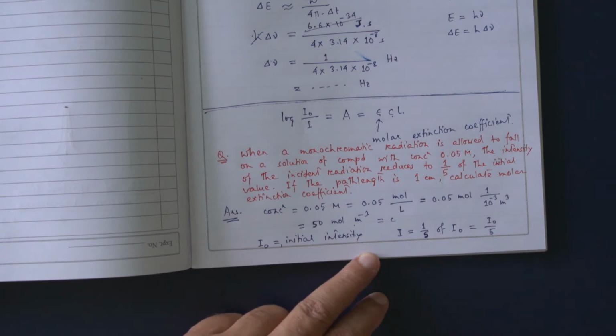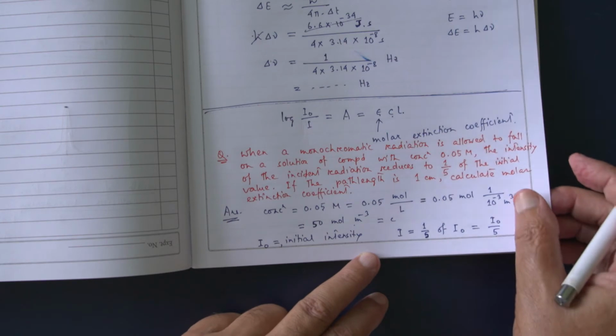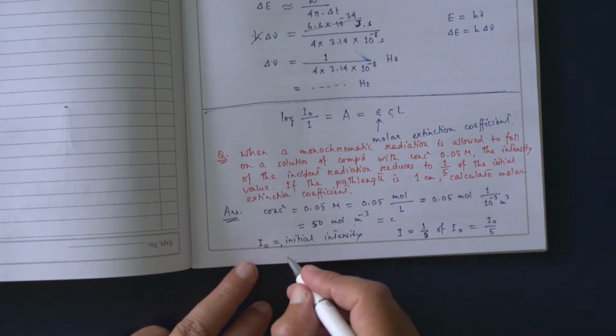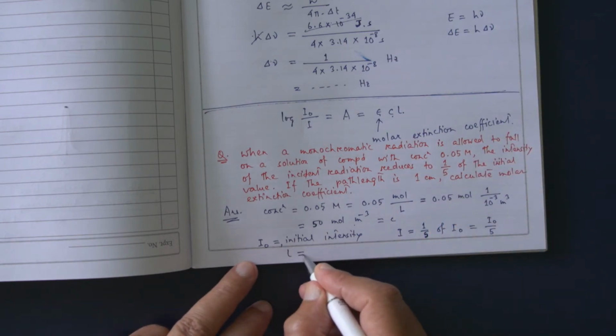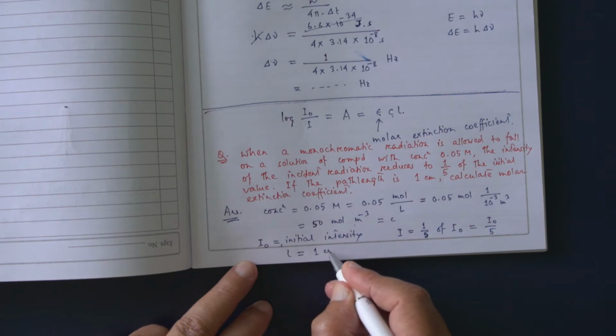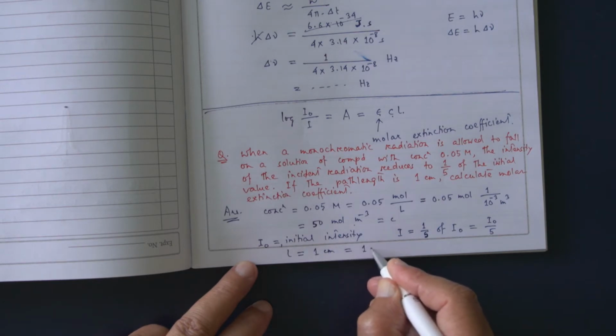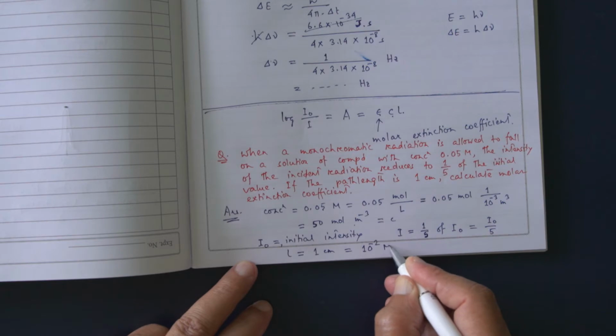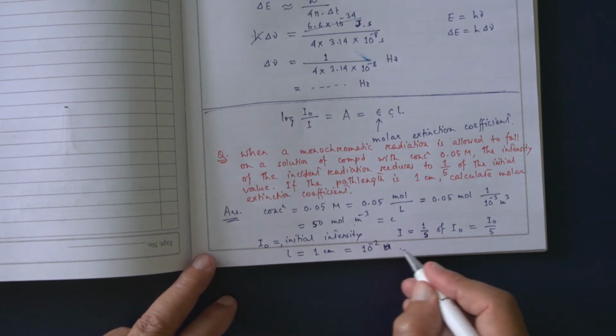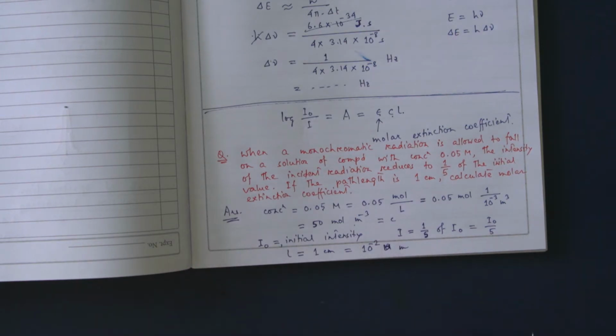And the path length L equal to 1 centimeter, that is equal to 10 to the power minus 2 meter.